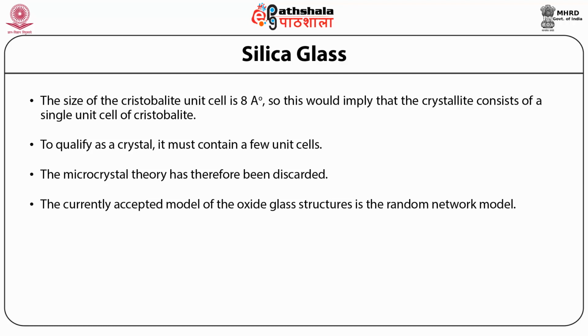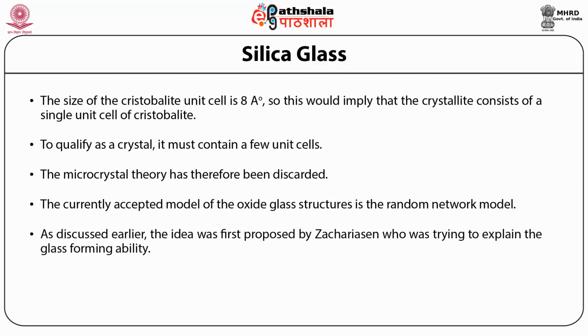The currently accepted model of the oxide glass structure is the random network model. As we have discussed in the previous module, the idea was first proposed by Zachariasen, who was trying to explain the glass forming ability.